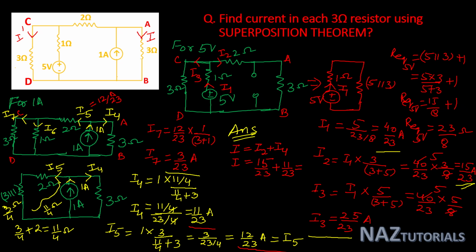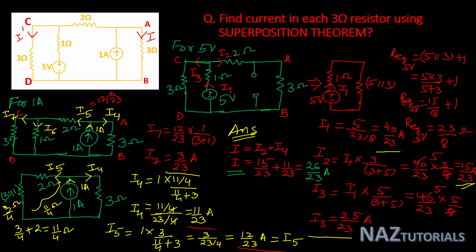So our answer for current I, its value is 15 plus 11, that is 26 by 23 ampere. This is our current I.